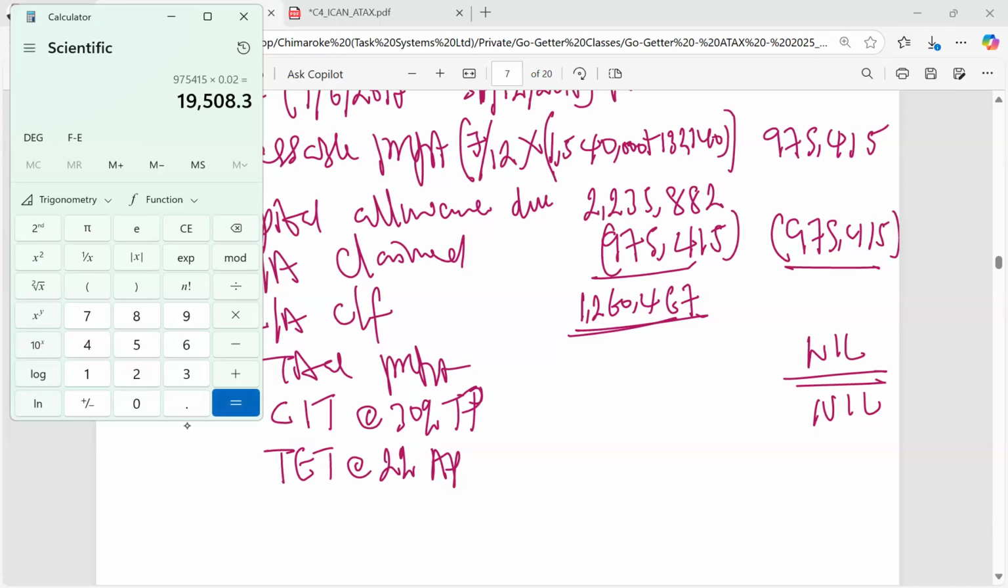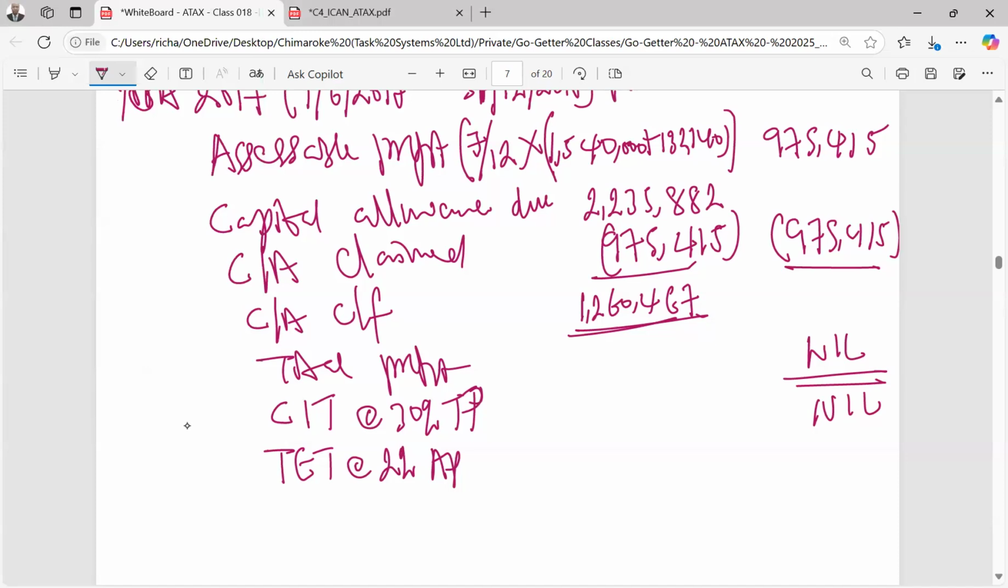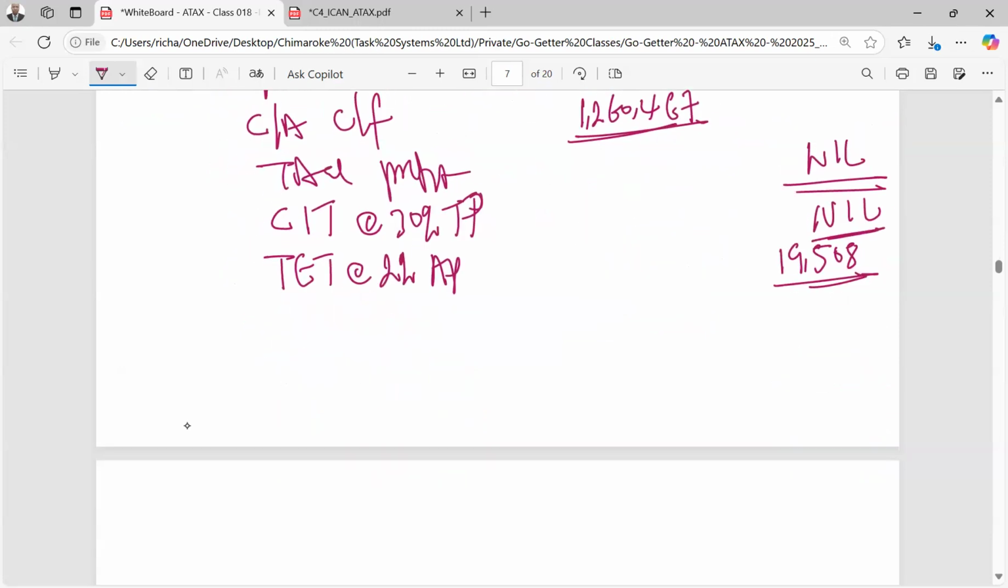That gives me 19,508. So that's for 2017. We close that out. Remember, this is the pre-Finance Act, that is how it is being done.